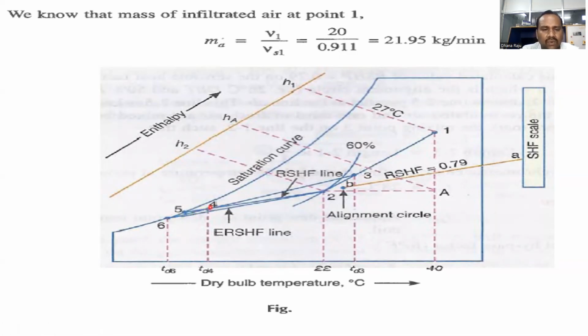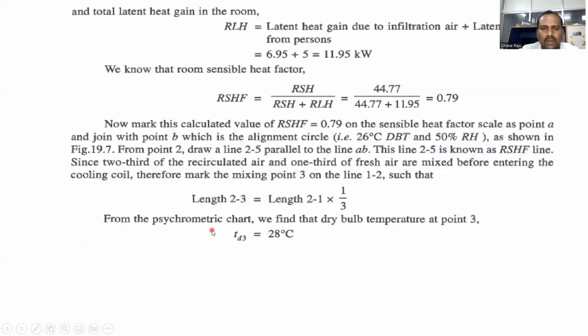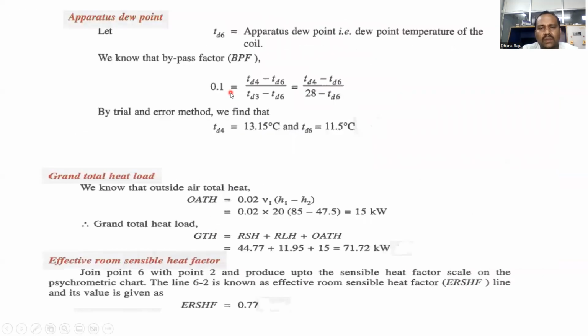So T4 minus T6 by T3 minus T6 is called bypass factor, which is equal to 0.1. Here T4 is unknown, T6 unknown, and 28 is given. So by trial and error method, we will calculate T4 as 13.15 degrees centigrade, T6 as ADP 11.5 degrees centigrade.